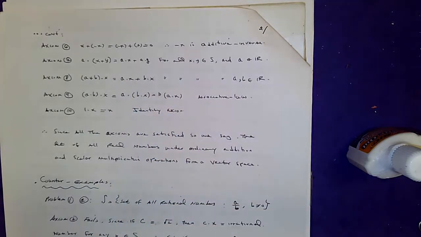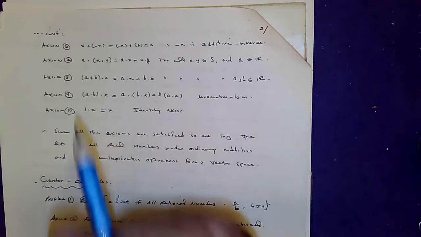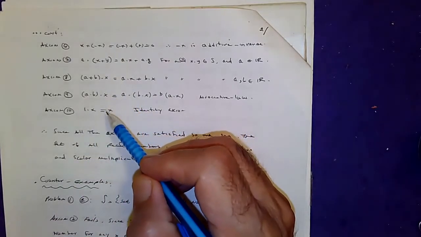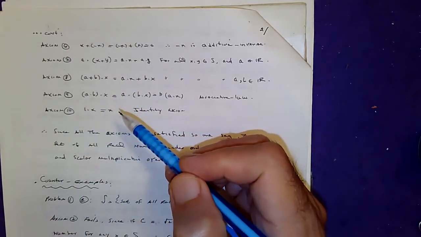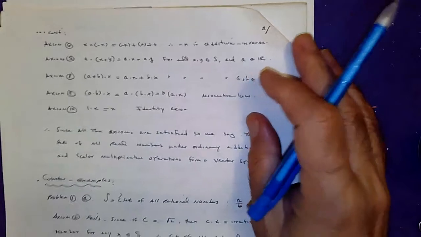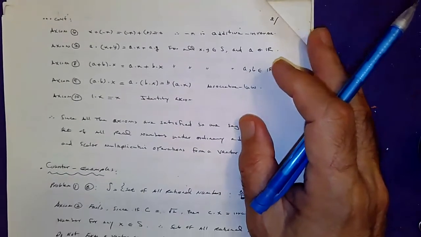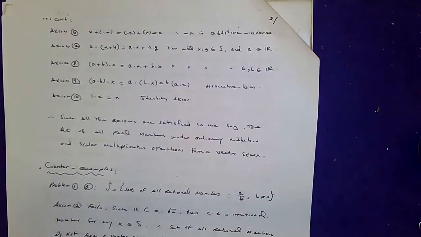Remember, to prove a set under two given operations, namely addition and scalar multiplication, forms a vector space, every single axiom out of 10 has to be satisfied. If any of them fails, then that set does not form a vector space.